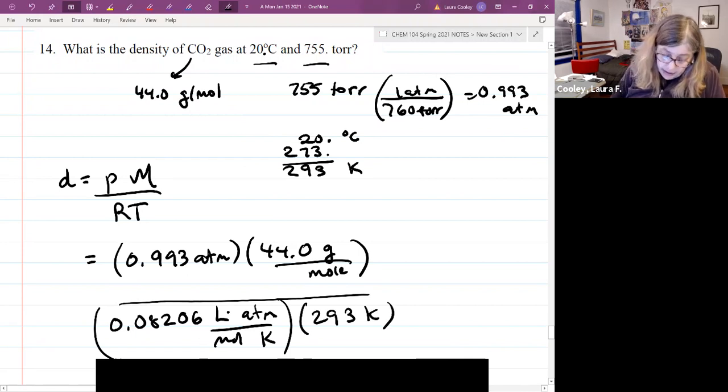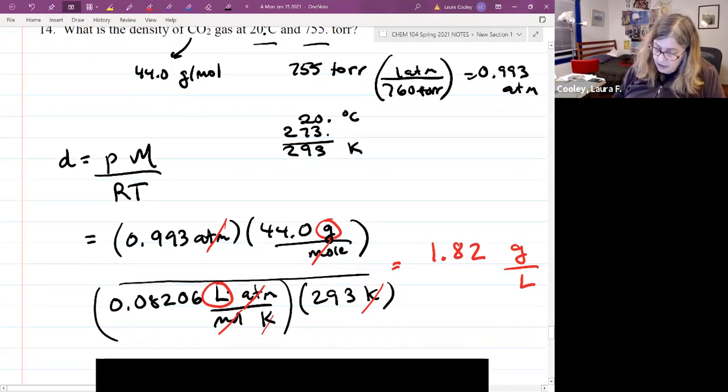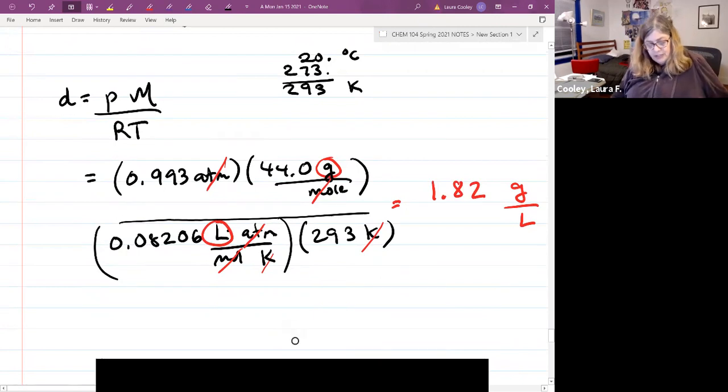All right, start the canceling. Kelvins goes. This is 1 over mole in the numerator and 1 over mole in the denominator, so they cancel. Atmospheres goes. And look, you end up with grams and liters. Grams per liter is the unit that you'll get for the density. And it comes out to 1.82 grams per liter. That's the density of CO2.